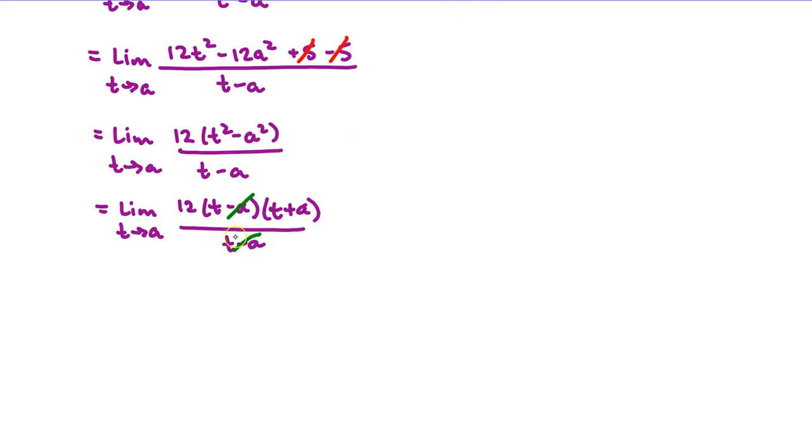Cancel the t minus a's. And now you have, when you put a in for t, 12 times a plus a. So 12 times 2a is 24a. So that is the derivative of velocity at a. So the derivative of velocity at t would be 24t, and that is acceleration.